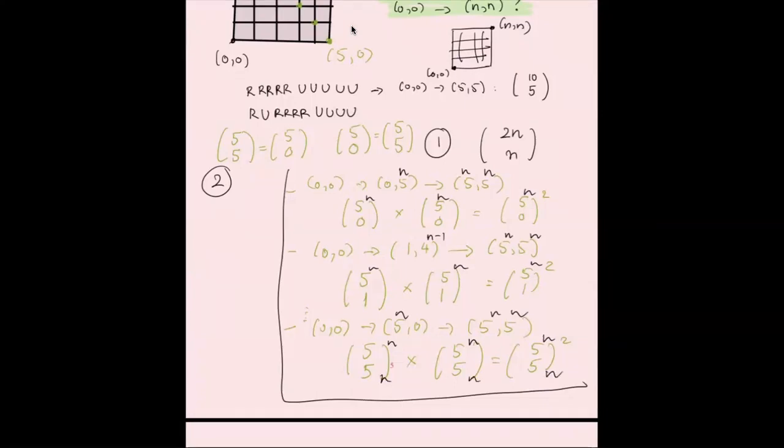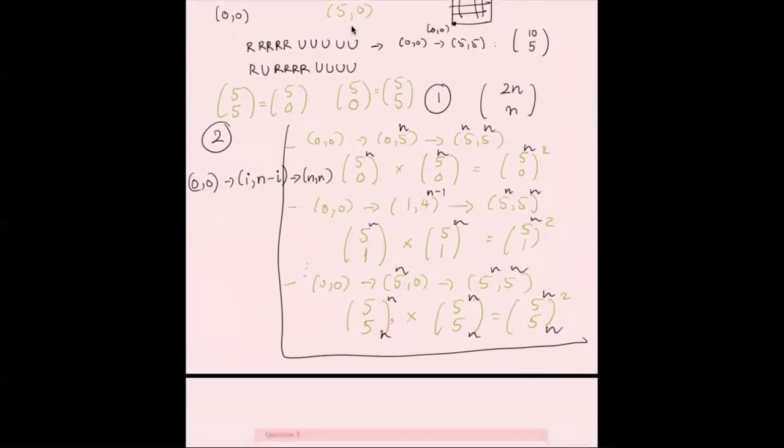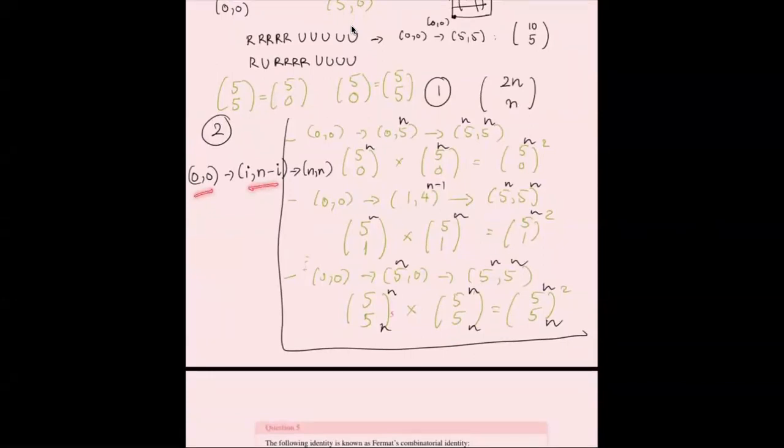If you want to say it even more generally, you can just say 0, 0 goes to the point i, n minus i, which represents some point on the diagonal. And then from that point, you go to n, n. From 0, 0 to i, n minus i, we have to perform n steps. Out of those, we have to choose i to turn right.